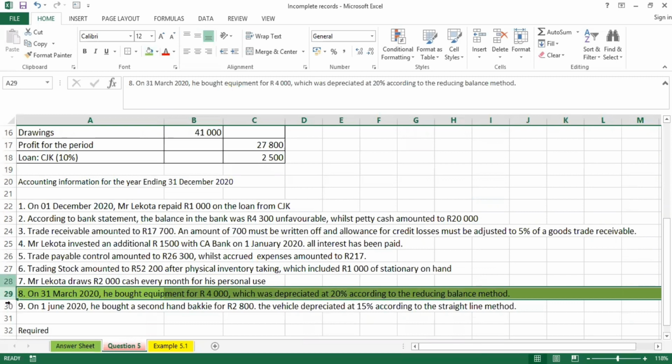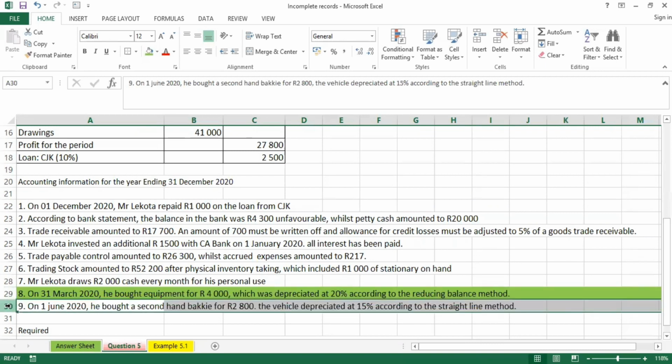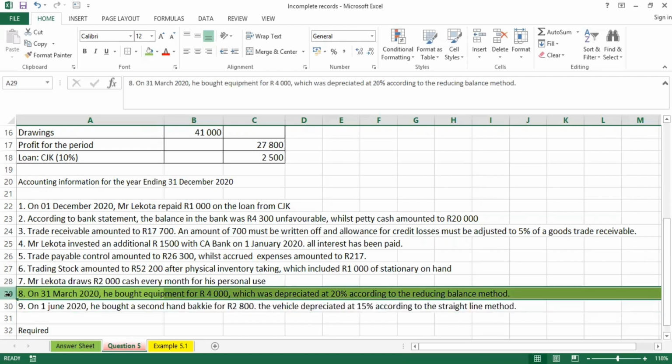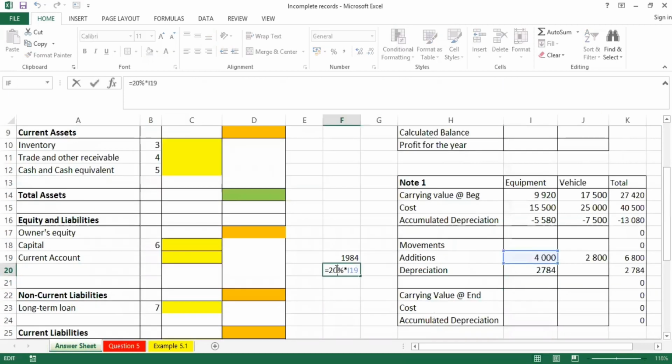Now, number 9, they're telling us 1 June 2020, he bought. Okay, so they're telling us on 31st March, he bought equipment for 4,000. So here, for the new equipment, the equipment wasn't in the business for the period of 12 months. The new equipment was in the business from 31st March.